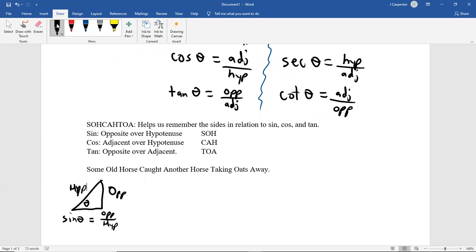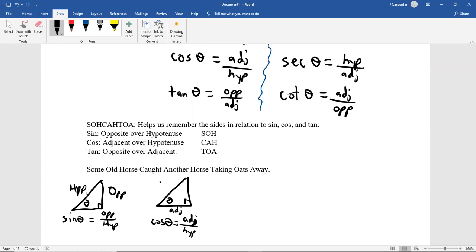Or if we wanted the cosine of theta, I'm only labeling the ones that are relevant this time. Again, these have to be right triangles here. Well, cosine is the adjacent over the hypotenuse. It's a terrible looking J, but it's a J. I'm sorry, I'm looking at the wrong thing.